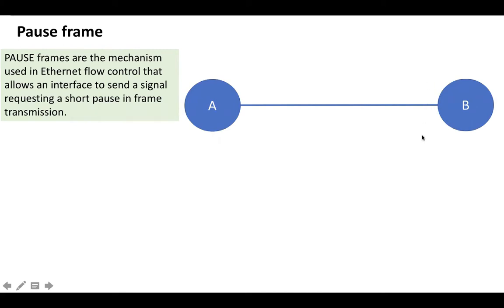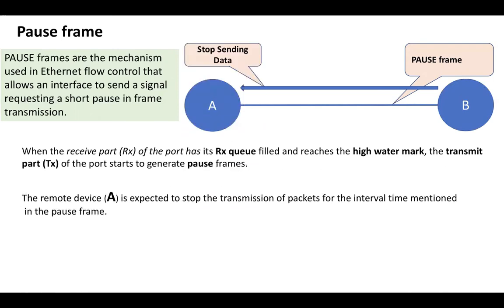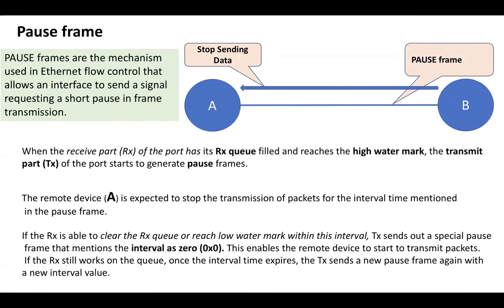So, device B will send a pause frame and request a short pause in data transmission. When device A receives a pause frame, it stops sending data for a specified period of time. Device A will start sending data again once congestion is mitigated or the timer specified in the pause frame expires.